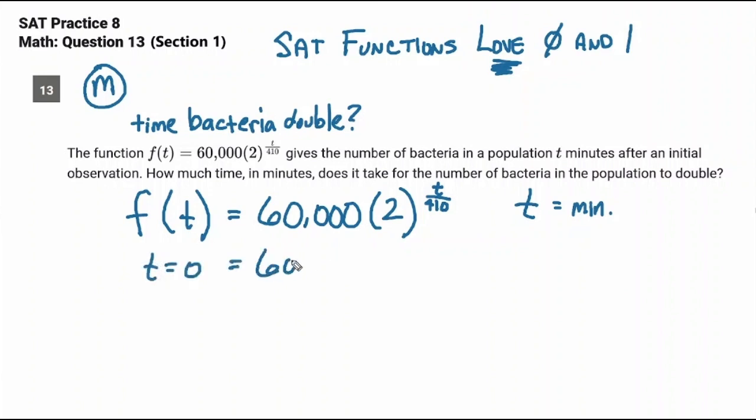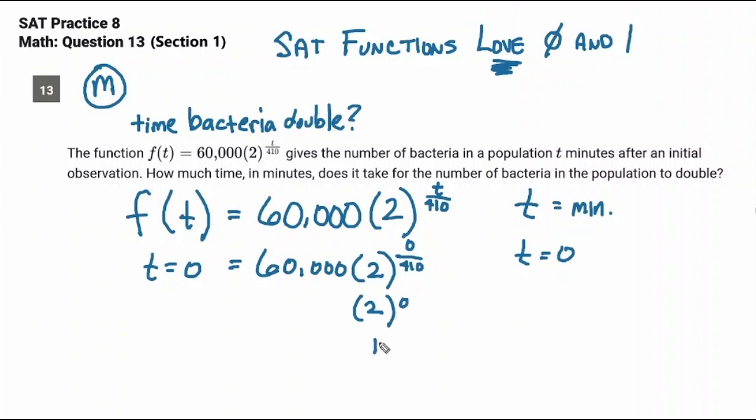So it's 60,000 times 2 to the 0 over 410. At t equals 0, what is 0 over 410? It's 0. So it's 2 to the 0. And what's 2 to the 0? What's anything to the 0?